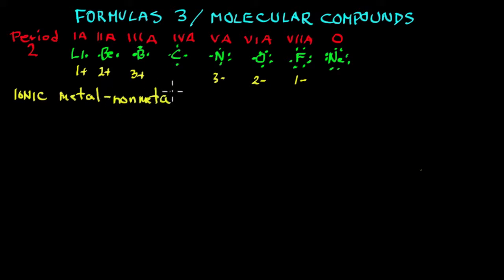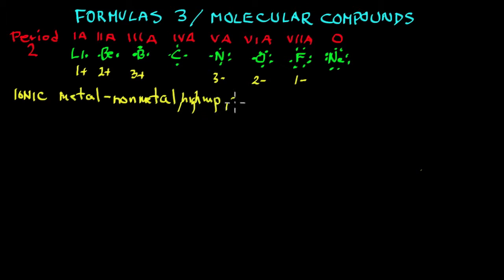Now, groups 1, 2, 3 are metal. In fact, group 3 is called a metalloid, and the rest of these are nonmetals. And the nonmetals go down in a step-like fashion, you'll see. So you have more metals than nonmetals. So these compounds have high melting points.